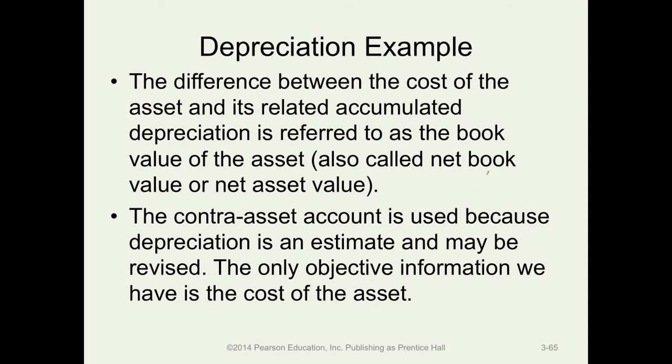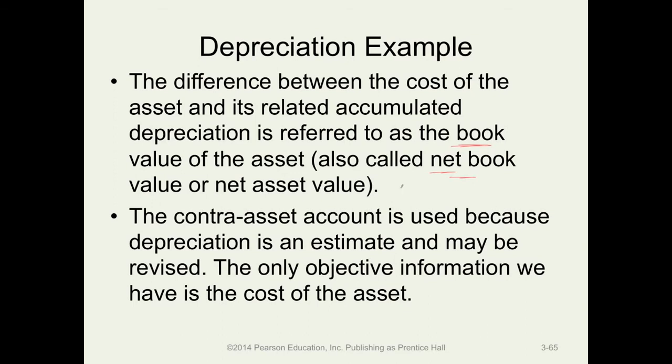So you'd see this with lots of synonyms. The contra account is used, we justify it, because depreciation is only an estimate and may be revised, and therefore the only objective information we have is going to be the cost of the asset.